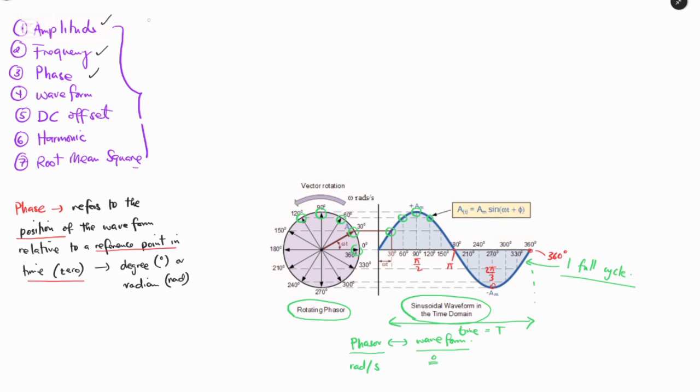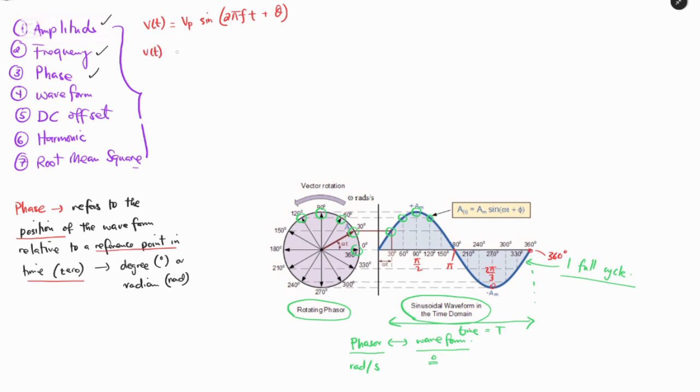Now let us show you an example, V(t), which is a function of an AC signal, and we have V_p sine, let's say, 2 pi ft plus theta. Now we can substitute a value to make it more precise.